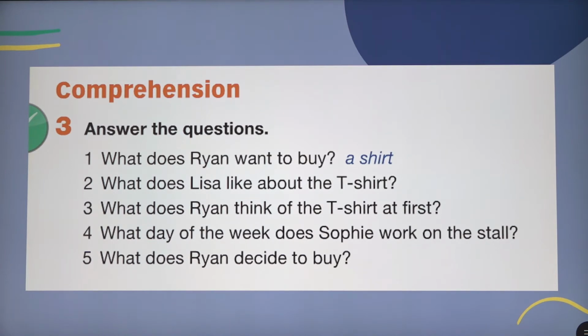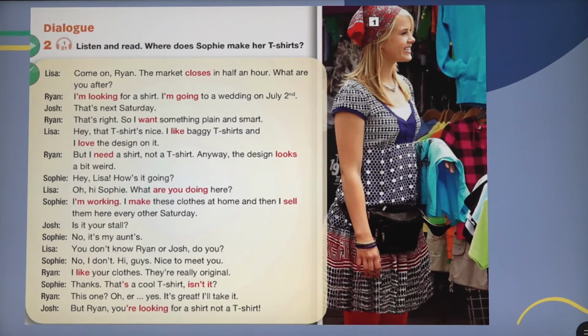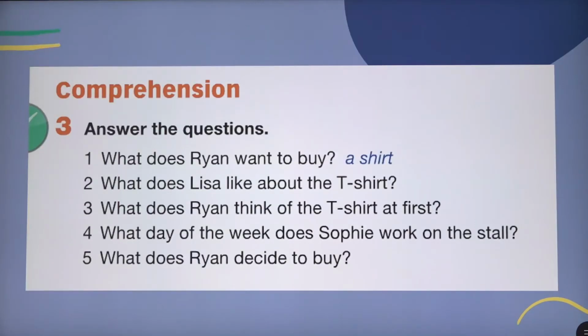For example, the first one shows what Ryan wants to buy. Then we've got the second question: What does Lisa like about the t-shirt? And if we go back there, we'll see that Lisa likes baggy t-shirts. What does Ryan think of the t-shirt at first?